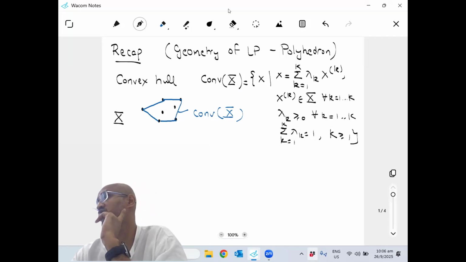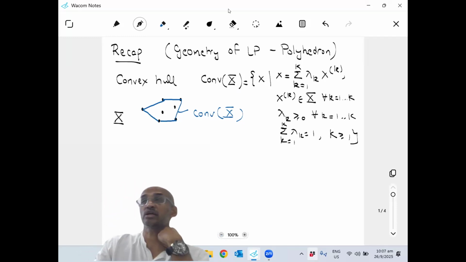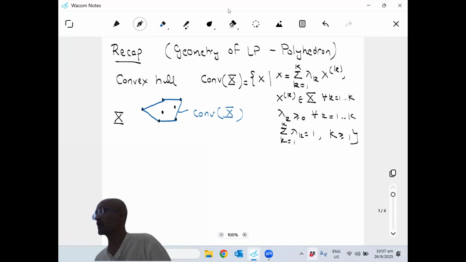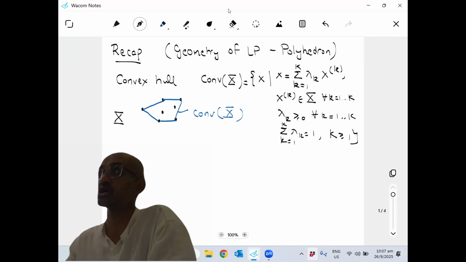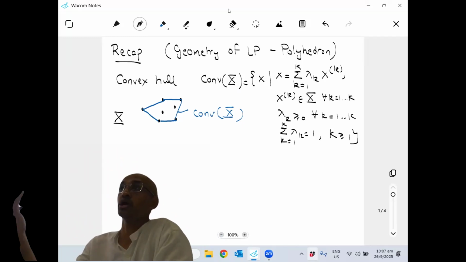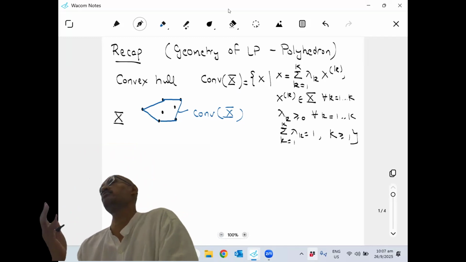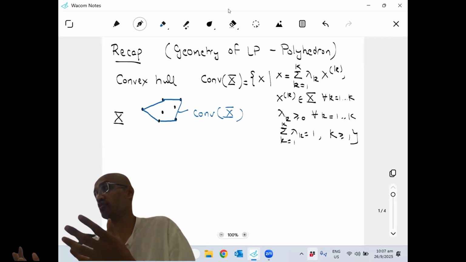Any questions with this definition? This set is going to be critical in many ways. Of course, for linear programming, the convex hull is an easy object. It's going to be a polyhedron. When we come to integer programming, discrete optimization, the name of the game there is to try to characterize the convex hull of the set.